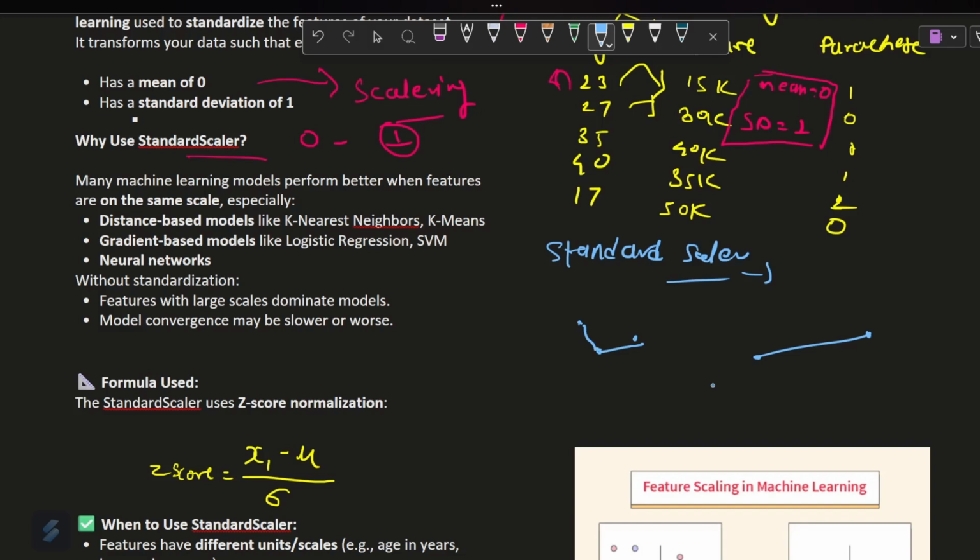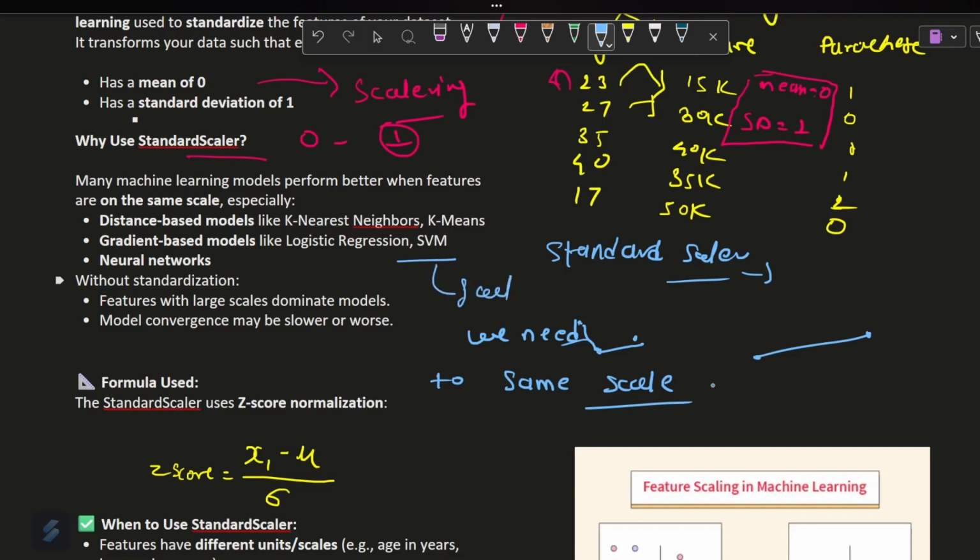In that case we need to have the same scale, so for that reason we scale the points. Similarly, gradient descent based models like logistic regression, linear regression, and polynomial regression, and also SVM, use the standard scaler.